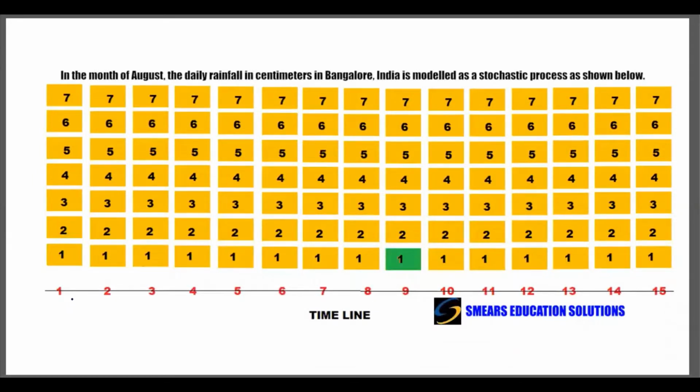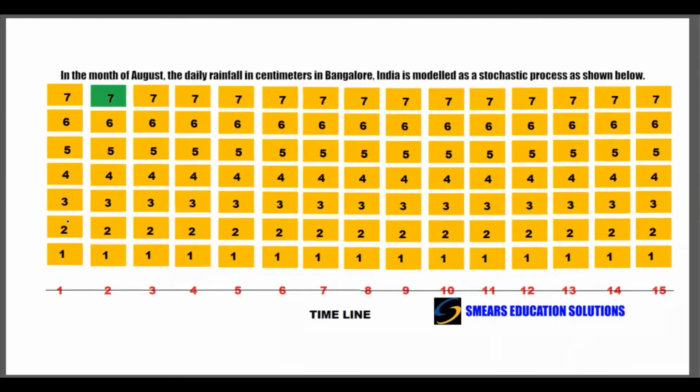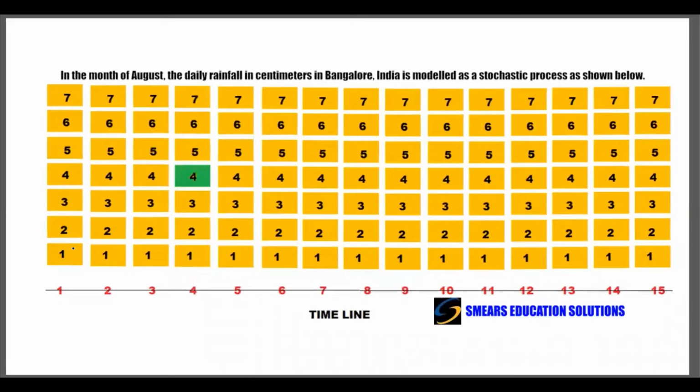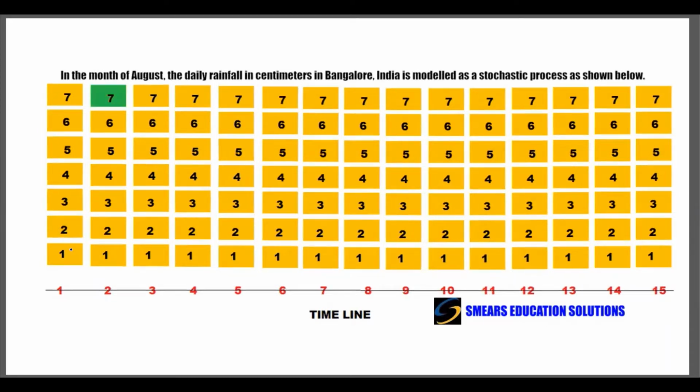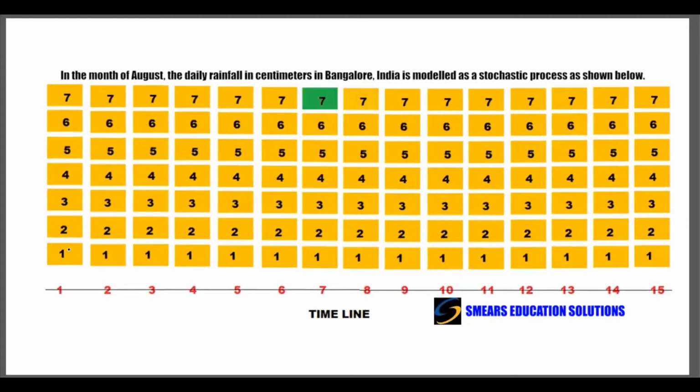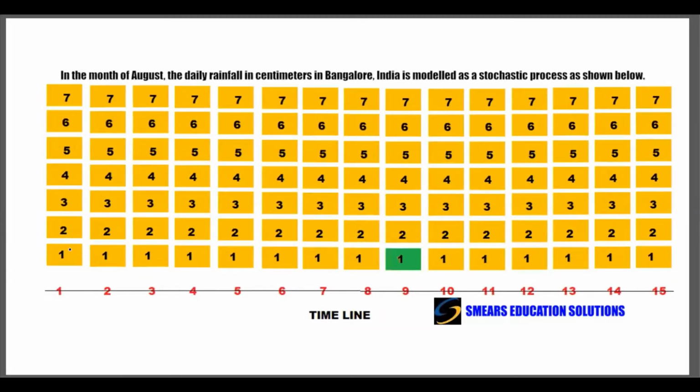First fortnight, if you start from the first day, you see what the rain is on the first day, then the second day, then the 15th day: 2 centimeter, 7 centimeter, 5, then 4, then 3, then 1, then 7, then 6, then 1, then 5 here, then 1, then 3, then 7, then 4, then 1. How can you model this? You have to take past data and model it. This is a typical stochastic process. There is no restriction of the movements from any place to any other place.